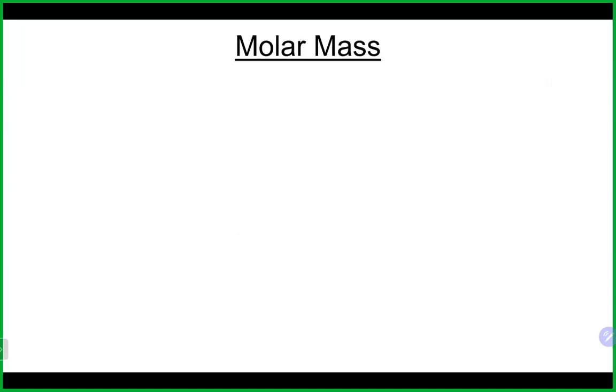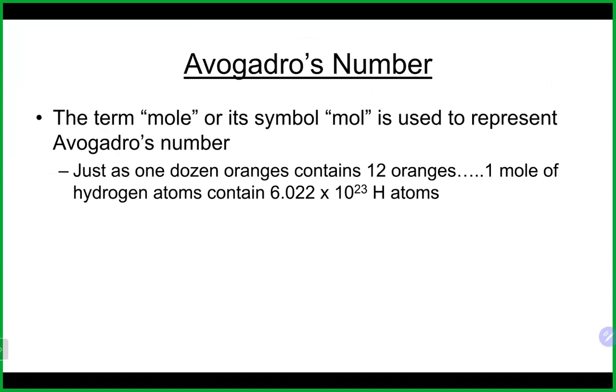Now, the term Avogadro's number, as I mentioned before, represents a certain amount of something. If we go to any element off the periodic table, for example, if I say I have 1 mole of hydrogen, that would have 6.022 times 10 to the 23 atoms of hydrogen, right?